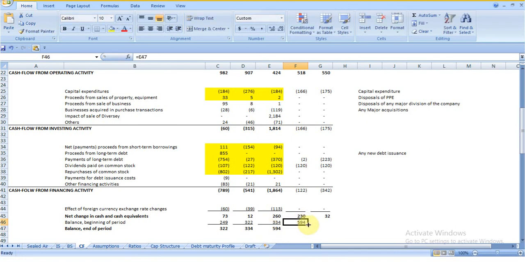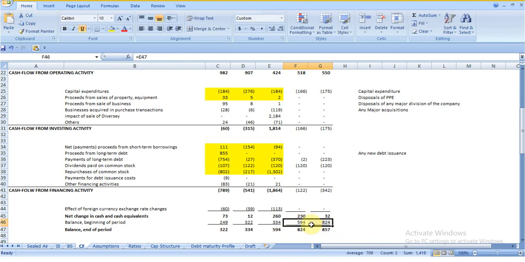Now I will calculate the ending balance, which is nothing but the net change in cash from the activities plus the ending balance of last year, and I got the ending cash balance.